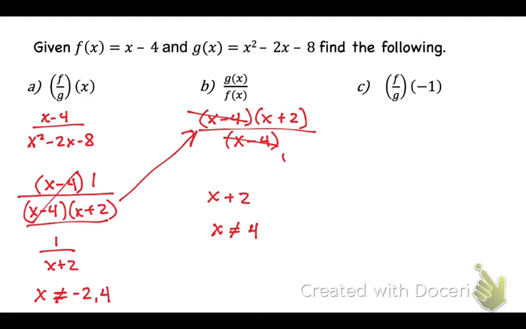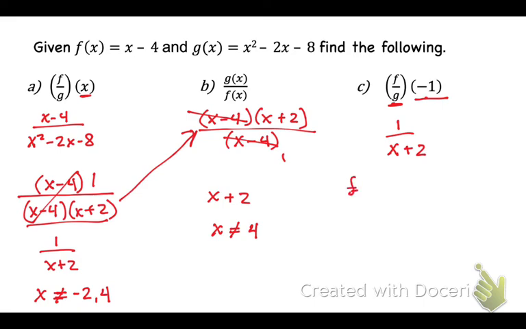Now, what's the last one tell me to do? Divide and then do what? Not multiply by negative 1. It was f over g of x, right? So our f over g we already know is 1 over x plus 2, yes?